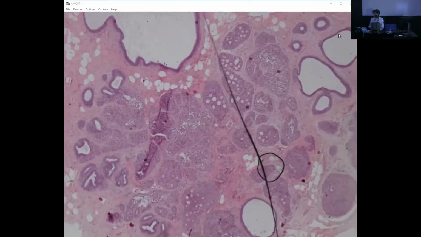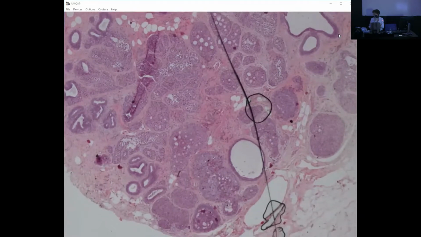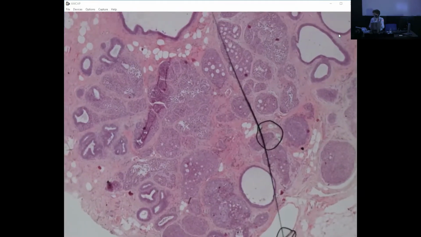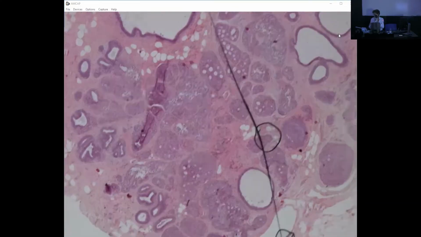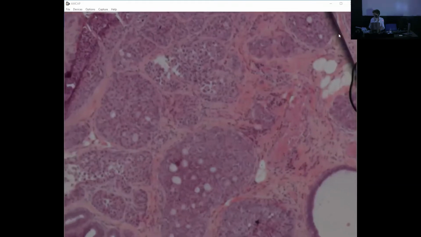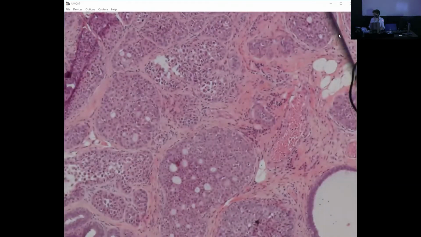Even this one is similar, a discrete little nodule that, again, could be easily interpreted as low-grade DCIS entirely excised by the core needle biopsy.